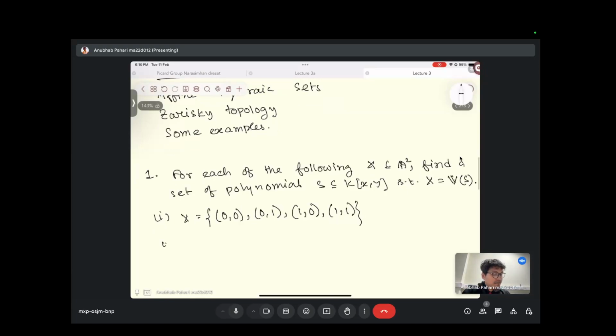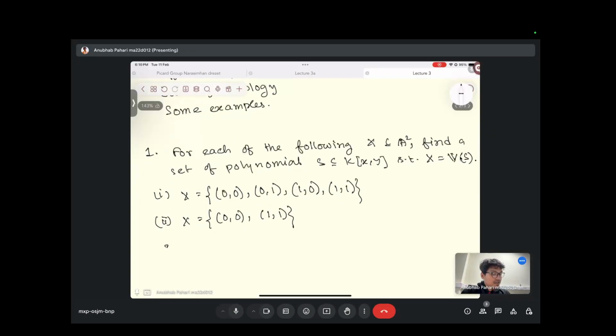Then the second will be (0, 0), (1, 1). Third will be the x-axis union (0, 1).